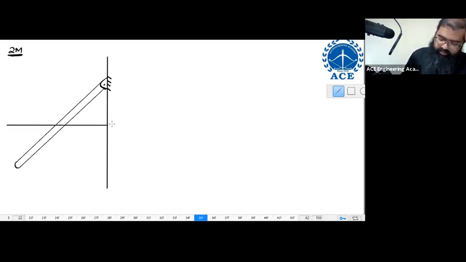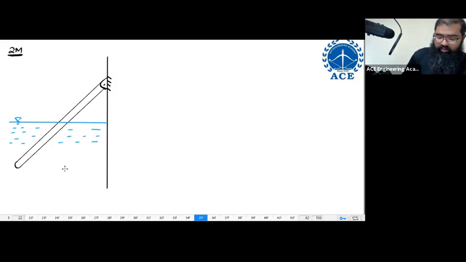Let us say this is water. This is wood. Okay, now let me write things down. This is water. This is the wooden rod.